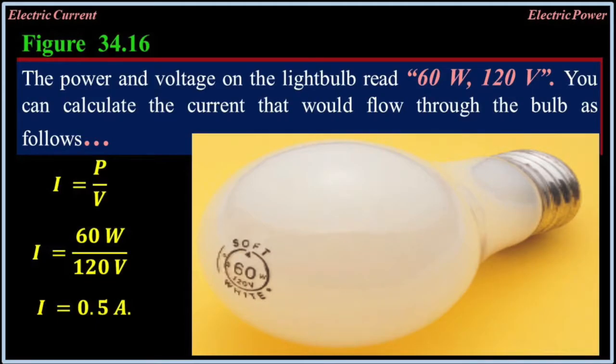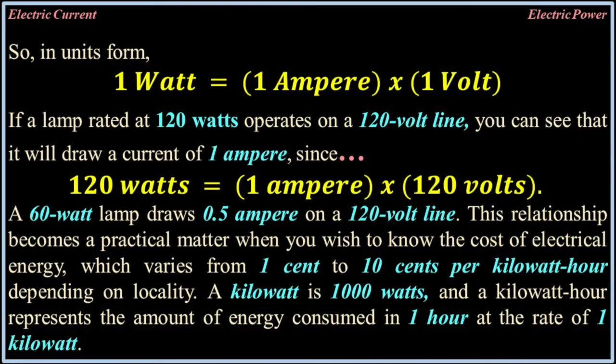Figure 34.16. The power and voltage on the light bulb reads 60 watts, 120 volts. You can calculate the current that would flow through the bulb as follows. I equals P over V. I equals 60 watts over 120 volts. I equals 0.5 amps. So, in units form, 1 watt equals 1 ampere times 1 volt.